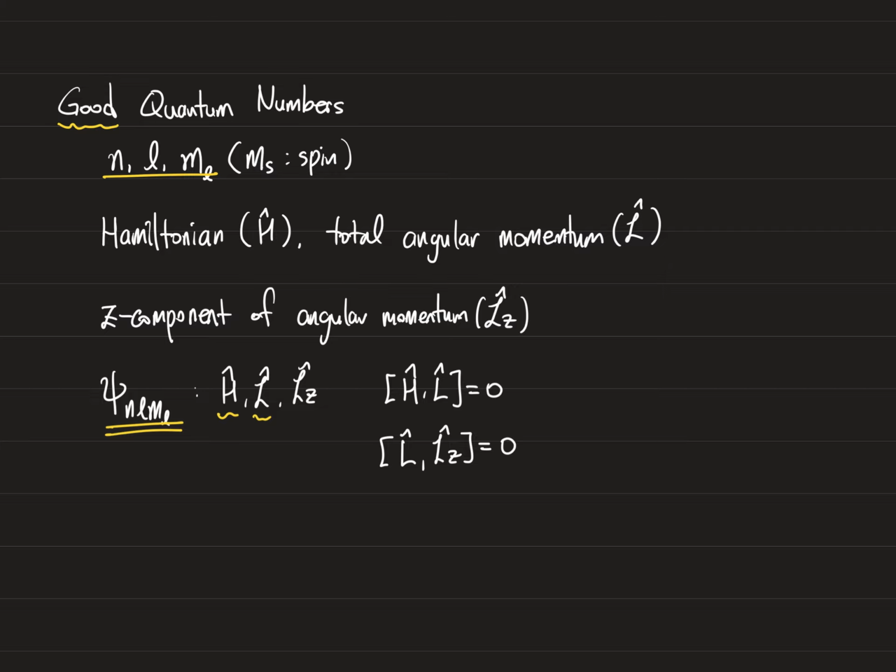So from these 2 relations, we can say that the Hamiltonian commutes with the z component of the angular momentum, right? So from this commutation, we can say that the wave function psi is a simultaneous eigenfunction of these 3 operators.